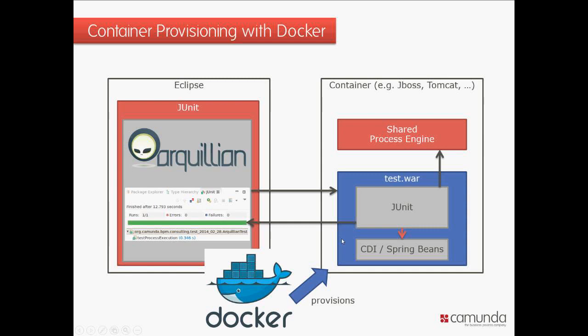And the images are described by a source file, which can be versioned. So it's possible to define a Docker image for the server and use that in the background to run the Arquillian test on.